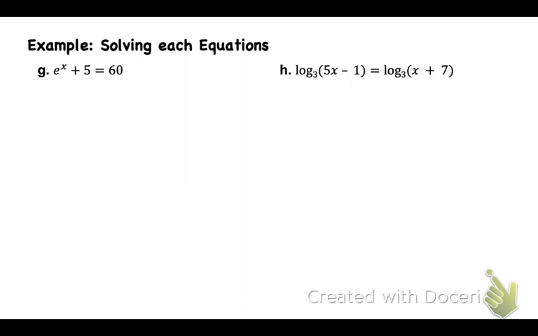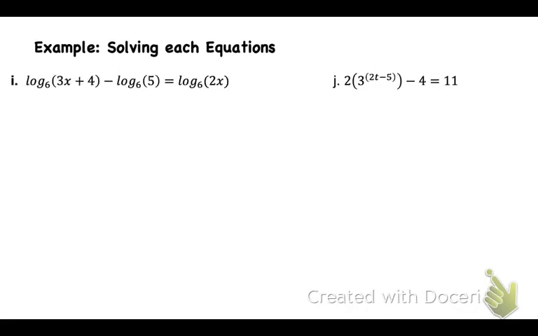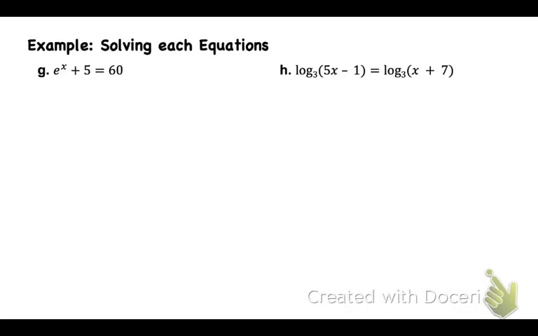Let's see how many more examples I have. Okay. So e to the x plus 5 equals 60. Minus 5 over. So e to the x equals 55.